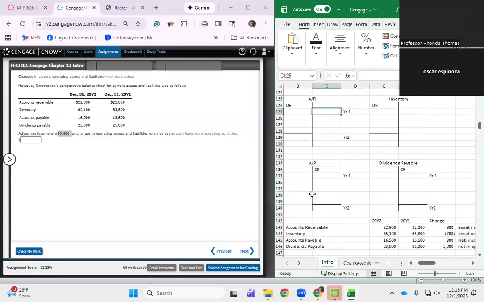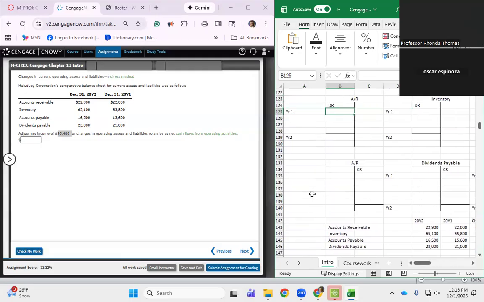I know I do. So I'm going to start with year 1. We're actually starting at the beginning of year 2. So year 1's ending balance becomes year 2's beginning balance.